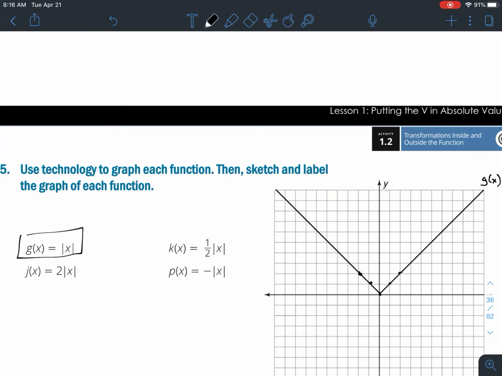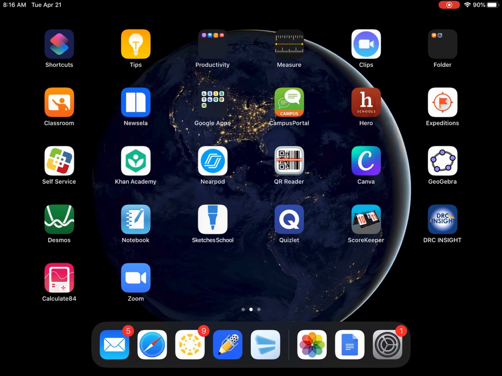Alright, so this is how we would do it. So I'm going to take you to the graphing calculator so you can kind of see how we do this.